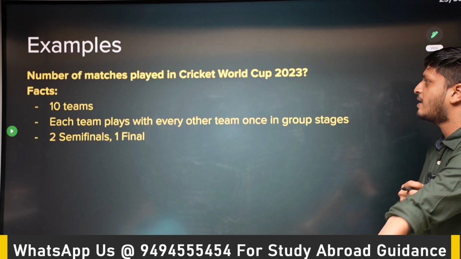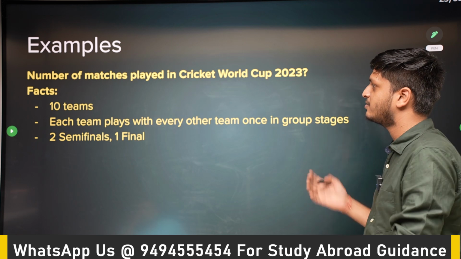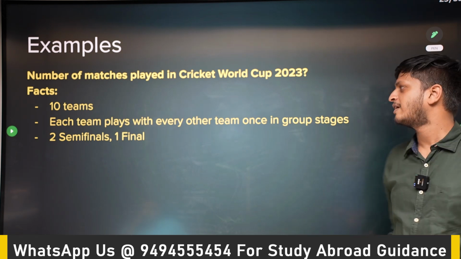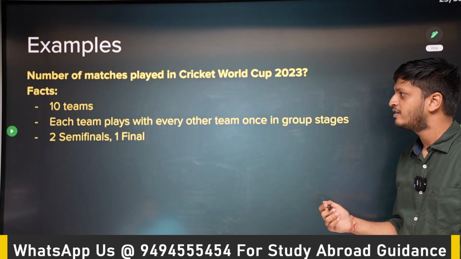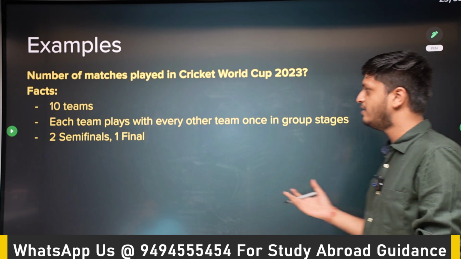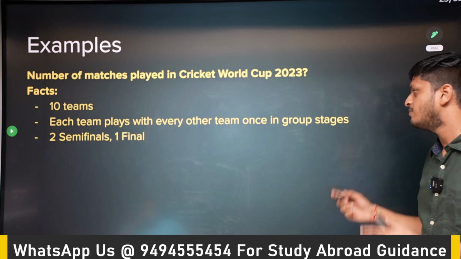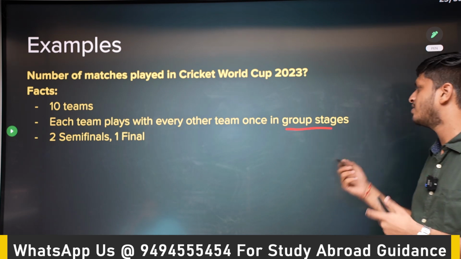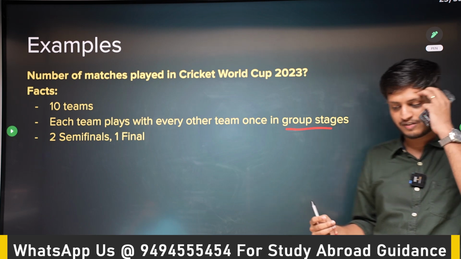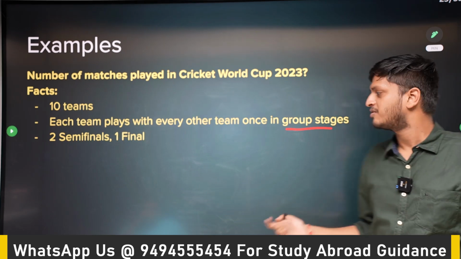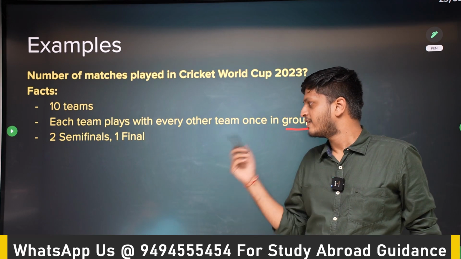Again, an example from a World Cup match. How many matches are being played in the Cricket World Cup 2023? These are some facts. There are 10 teams playing, and each team plays with each other team once in the group stage. Then we have 2 semi-finals and a final.